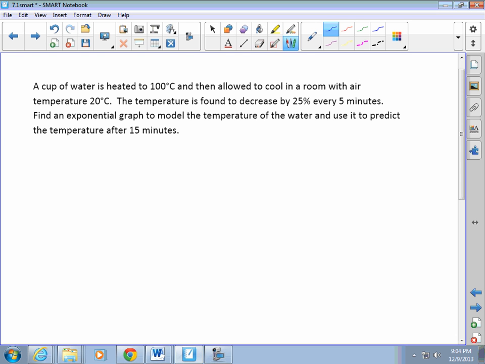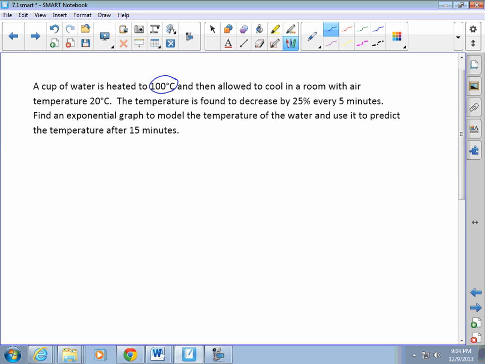So we're starting at 100 degrees. It's staying in a room with the air temperature of 20 degrees Celsius. That doesn't matter. What they found out is that the temperature decreases by 25% every 5 minutes.